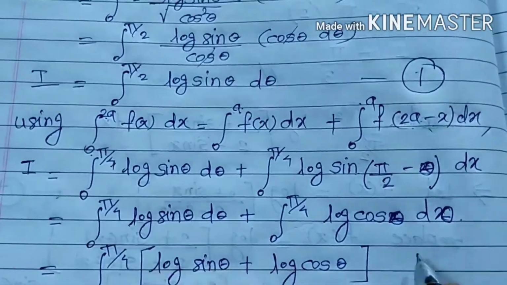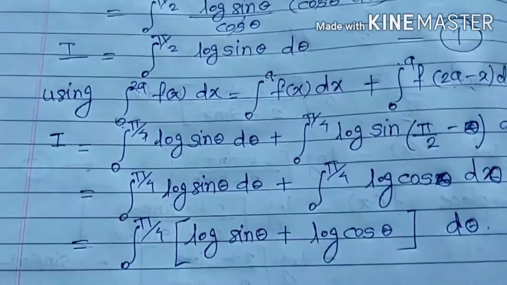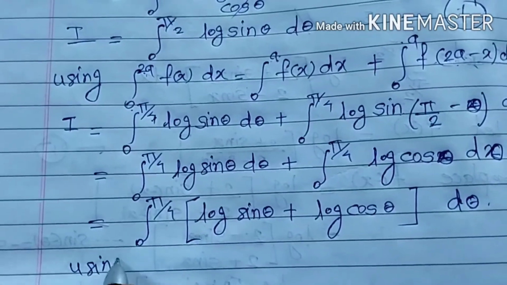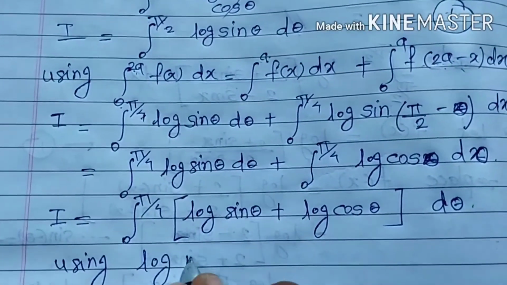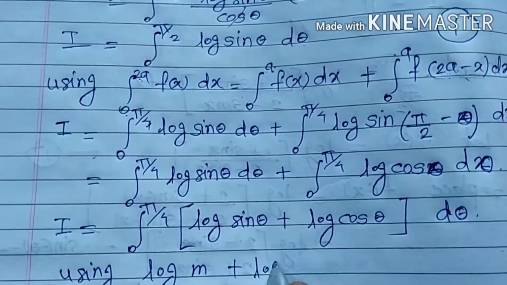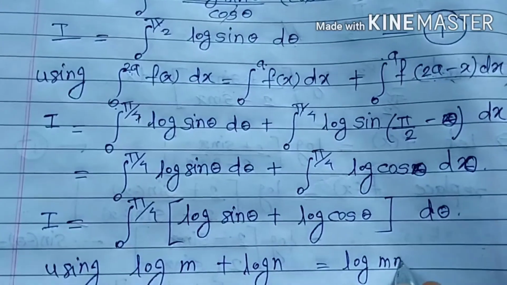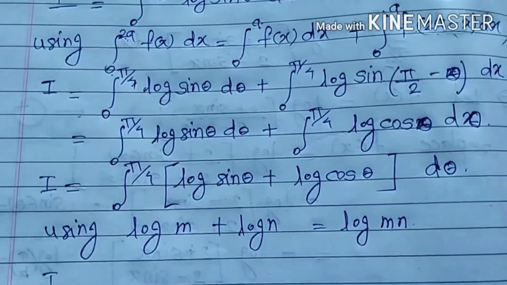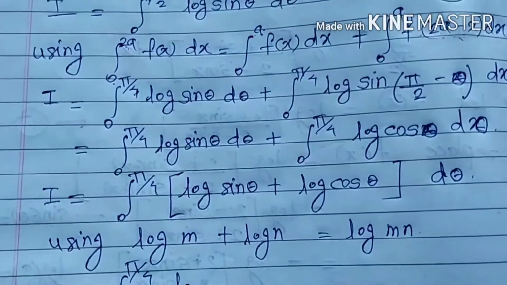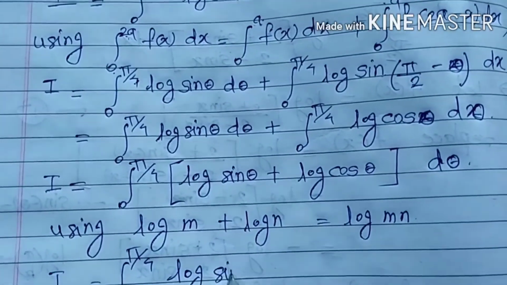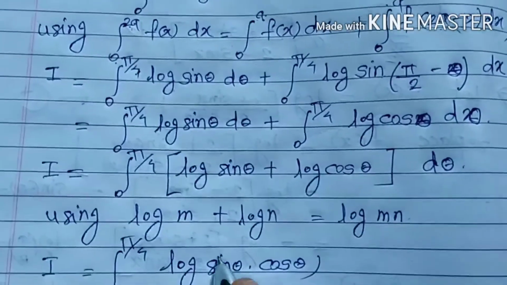Now using log m plus log n is equal to log m into n, using this, I is equal to integral from 0 to pi by 4 of log of sin theta into cos theta d theta.